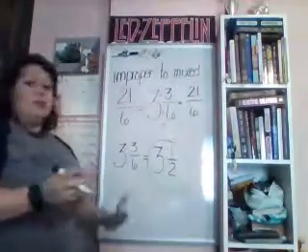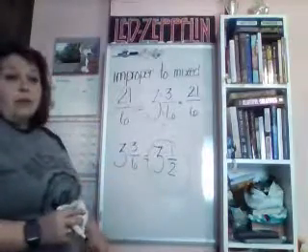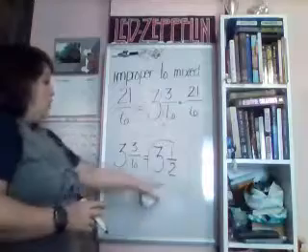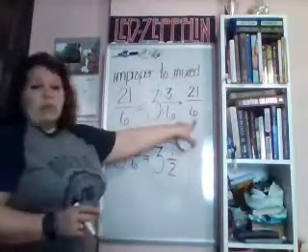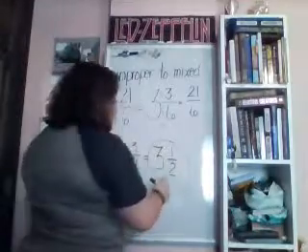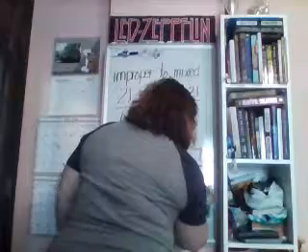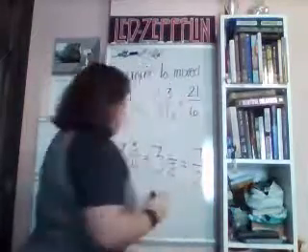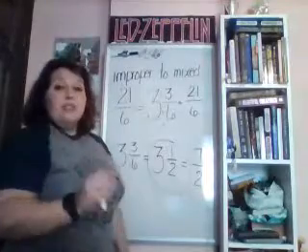Now, here's the weird part though. We reduced this fraction to 3½. When we try and flip this back into an improper fraction, we're going to get a different answer. We're going to end up getting 7/2.